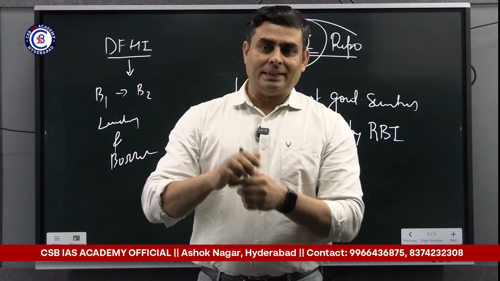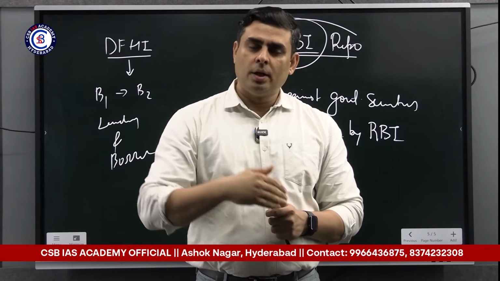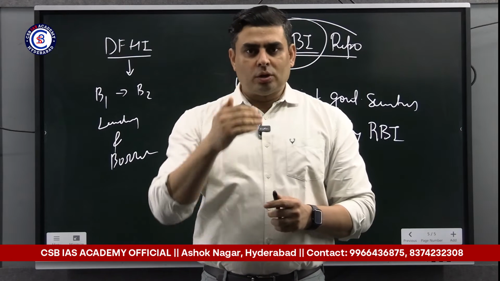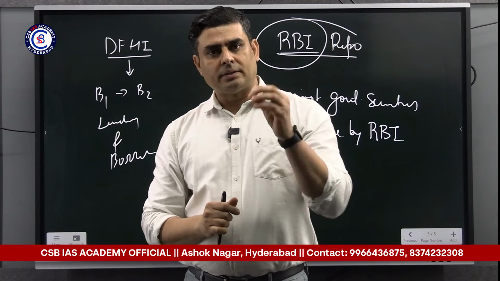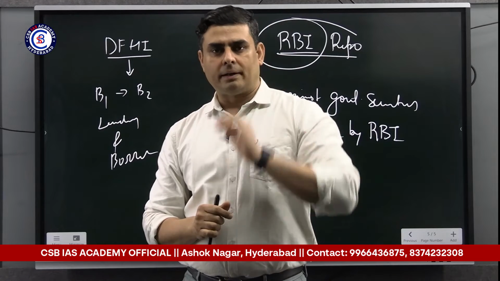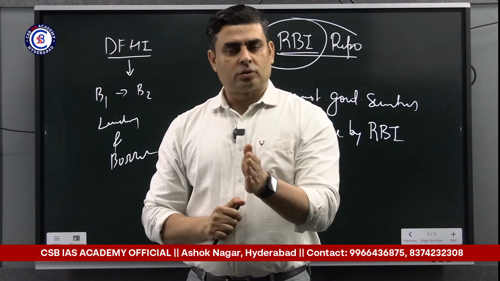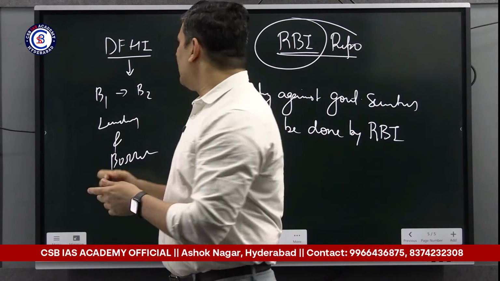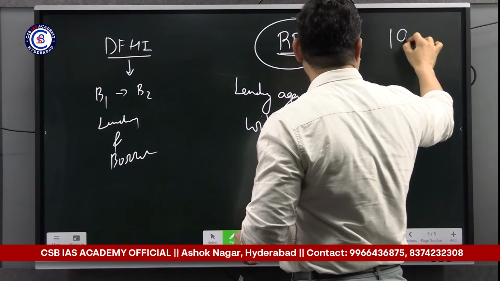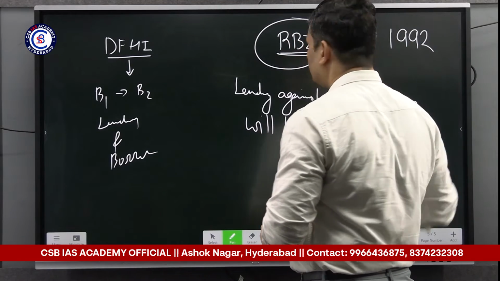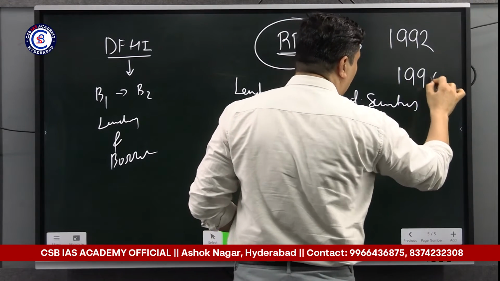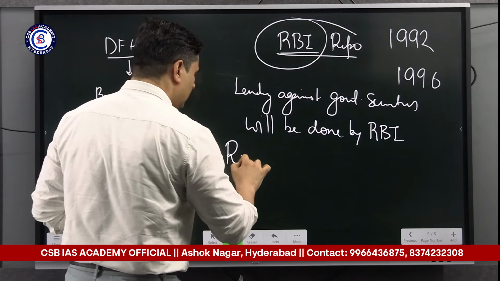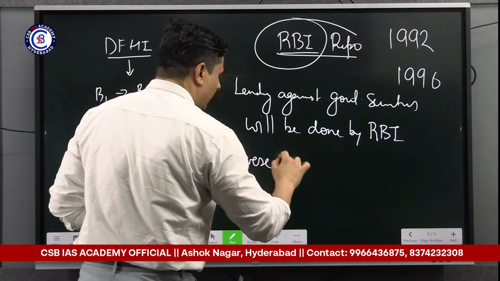You have to sell that government security to RBI and borrow the money with the obligation that I will repurchase this government security at the given date. So this is RBI Repo, and it was introduced in 1992. And then in 1996, RBI also introduced reverse repo.